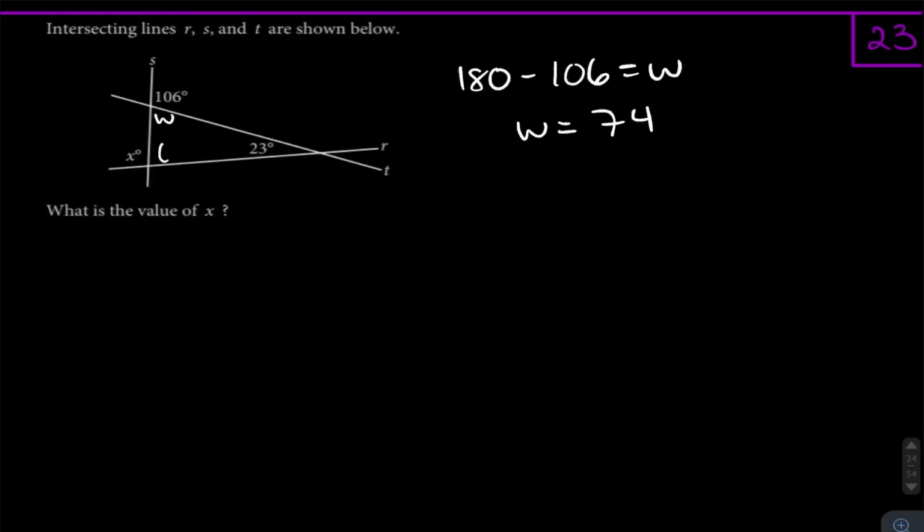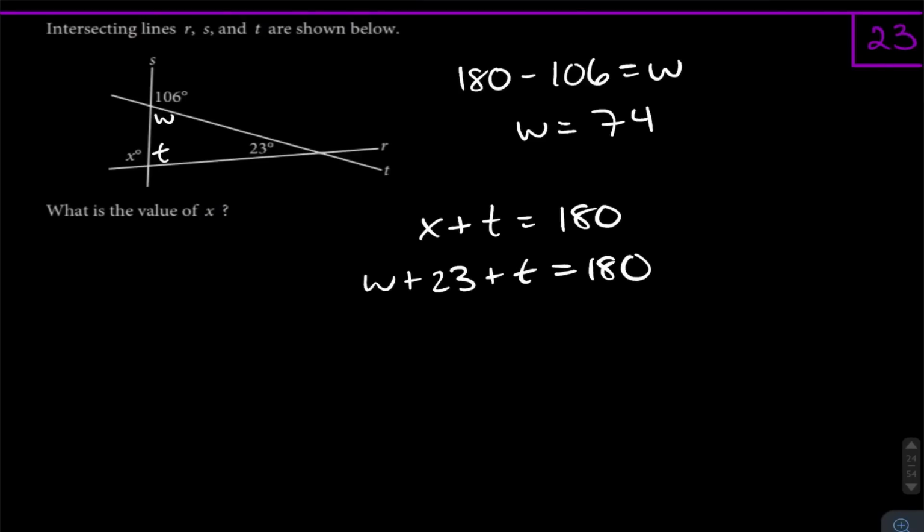We know X, and we'll call this thing T. X plus T is going to be 180. And also W plus 23 plus T is going to be 180, right? And so X is going to have to equal W plus 23. And so that's X equaling the sum of these two angles.